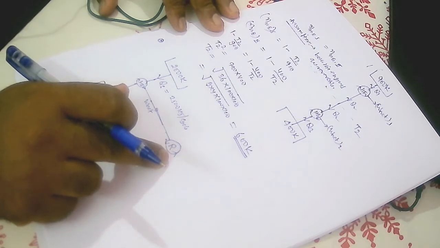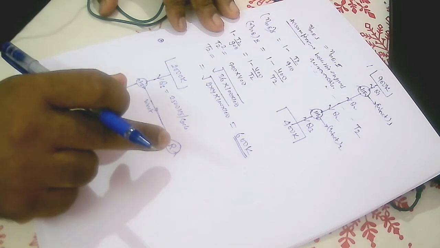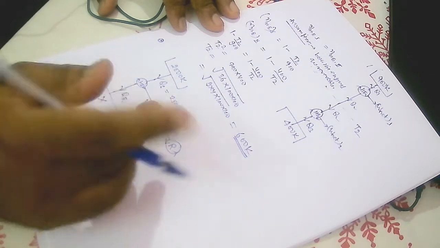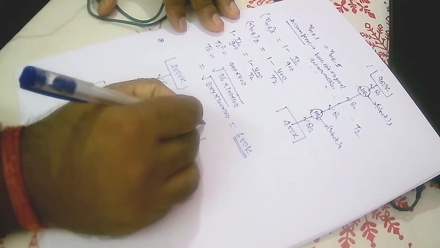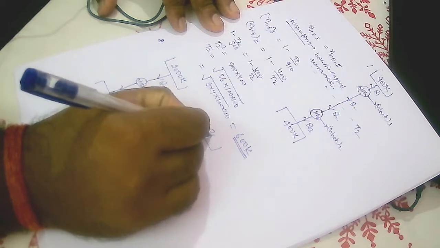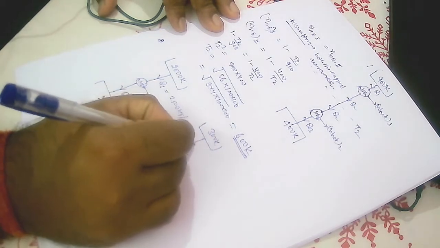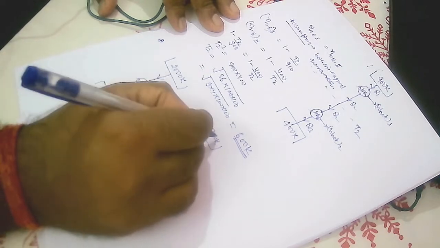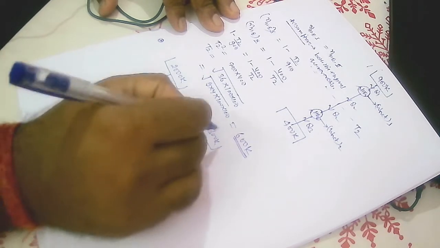The source temperature being 300 Kelvin for this, so I will write here 300 Kelvin is the source temperature, from where it is actually taking the heat. So the low temperature for the refrigerator is this.